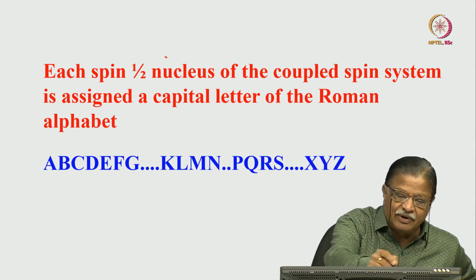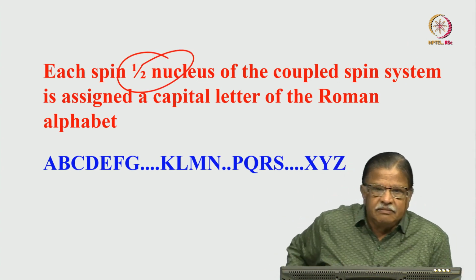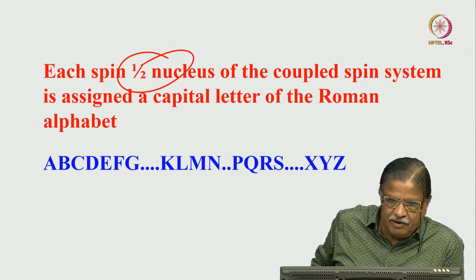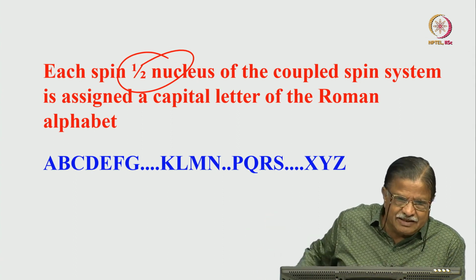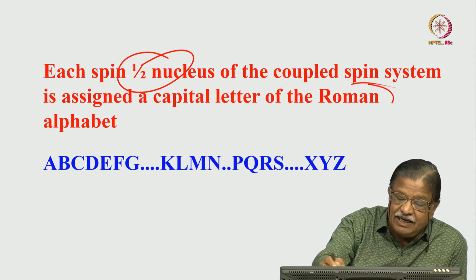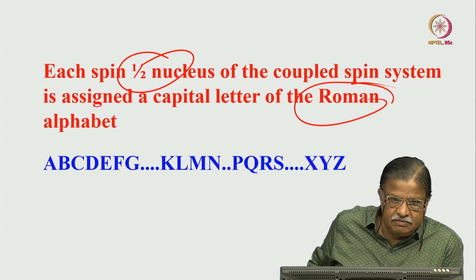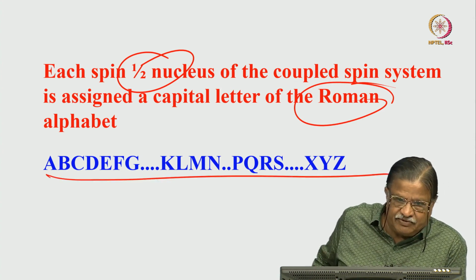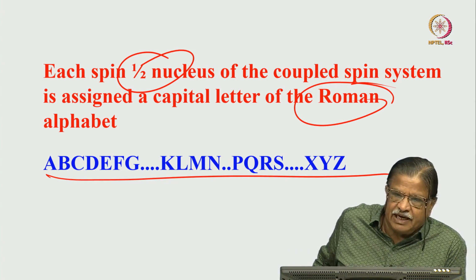Each spin half nucleus of a coupled spin system, I am talking about spin half nuclei, I am not worried about spin 1, we will discuss that later, is assigned a Roman alphabet. What is a Roman alphabet? Like A, B, C, D, E, F, G up to X, Y, Z. All 26 characters you can consider.